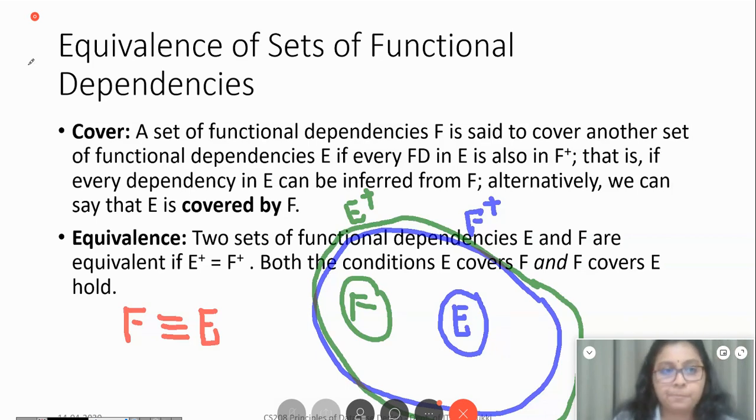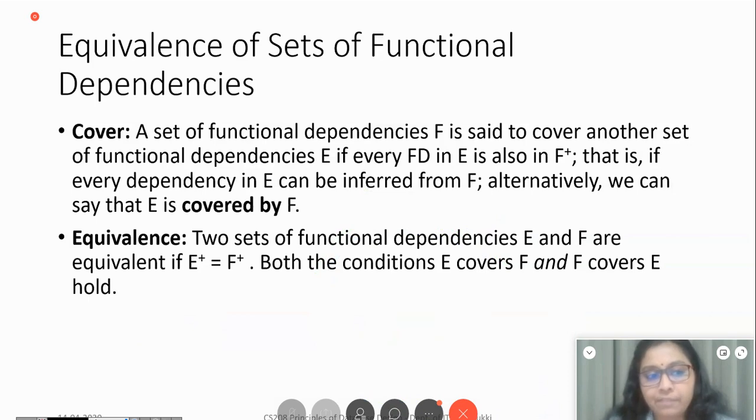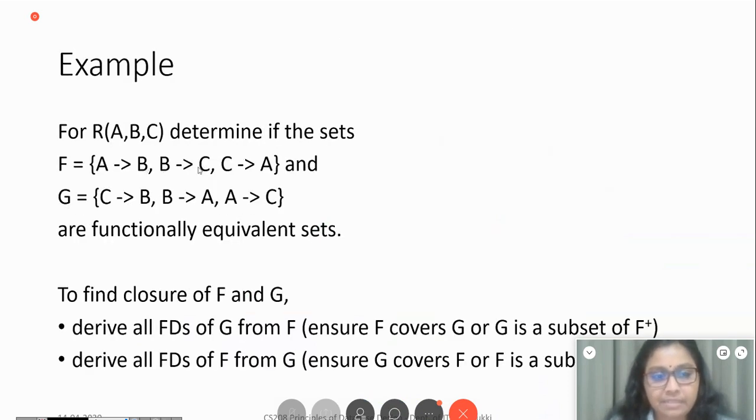The next slide. I'm given a relation with schema R(A, B, C) with three attributes, and I'm given two FD sets, F and G. F is an FD set which has three FDs: A functionally determines B, B functionally determines C, and C functionally determines A. And G is another FD set with three FDs: C determines B, B determines A, and A determines A. And you're asked to find whether these two FD sets are equivalent.